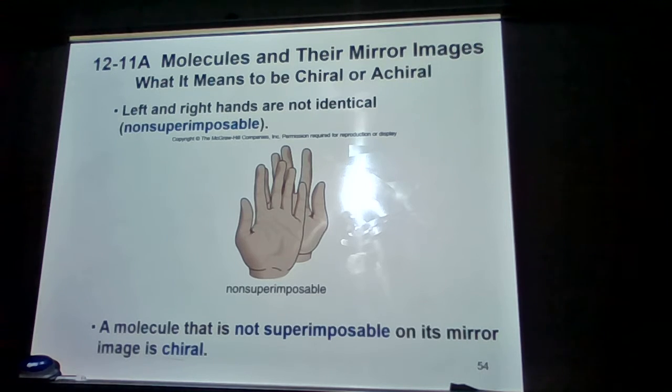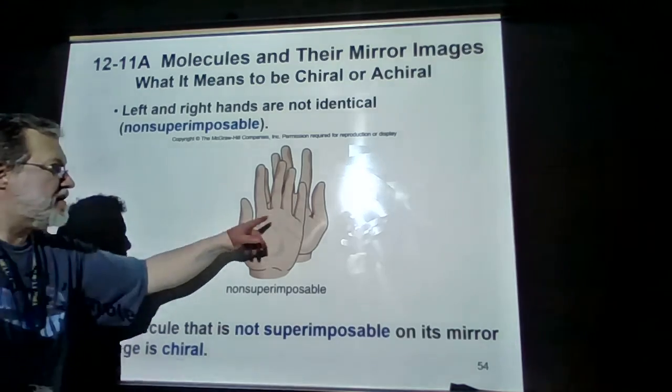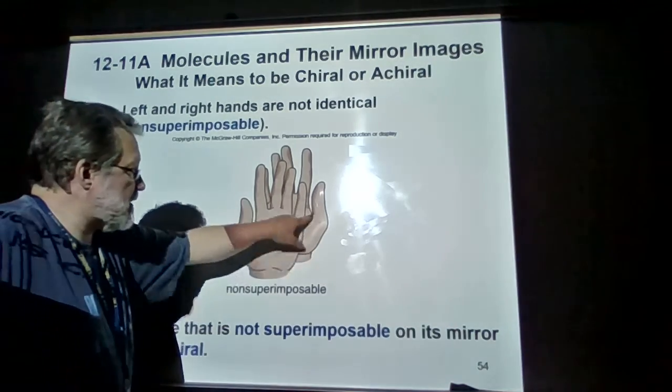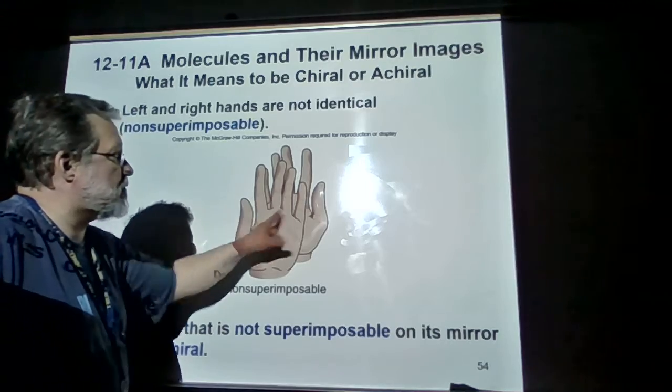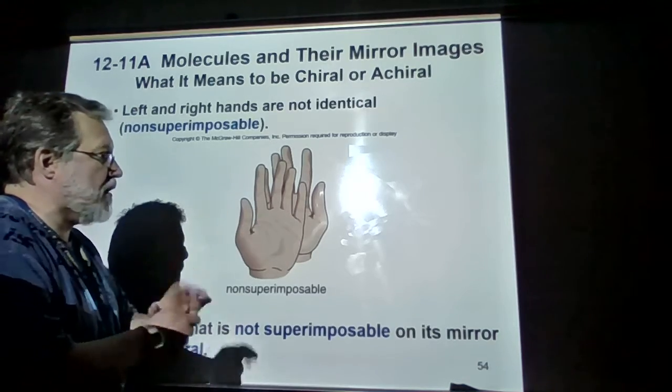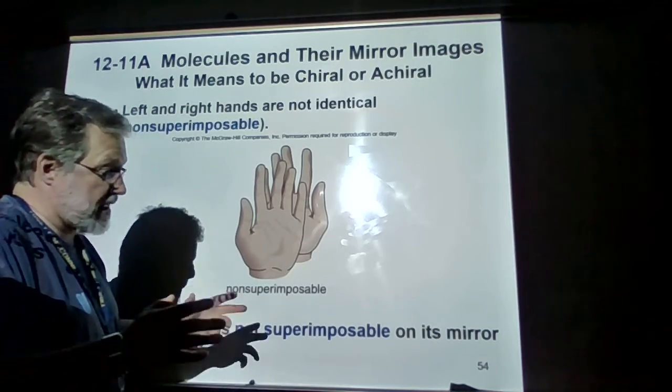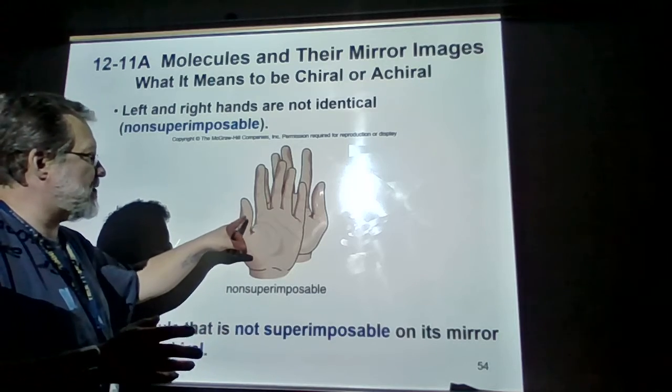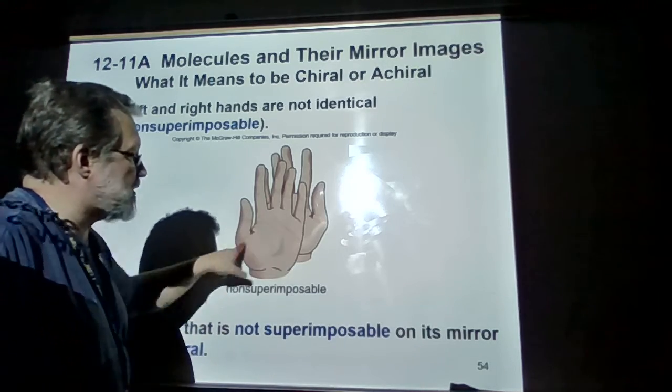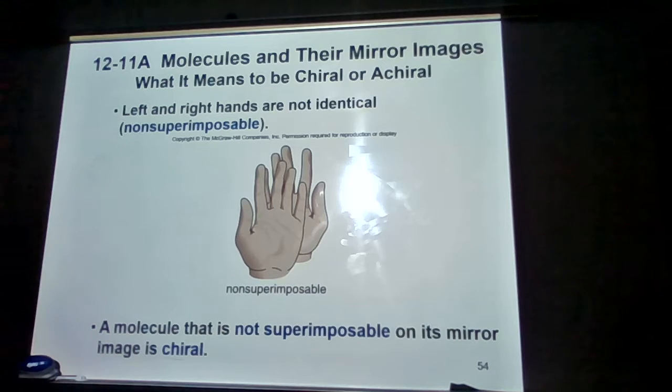They are not superimposable. The thumb of one hand sits here and the thumb of the other hand sits there. There's no way that we can twist, without severing the body part, and that's not fair, that's outside the rules, where we can get these thumbs to be in identical positions with the identical relationship to one another.